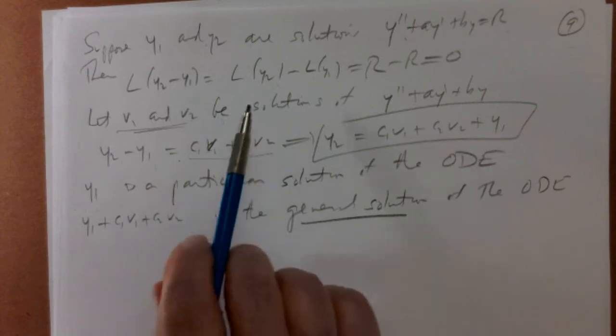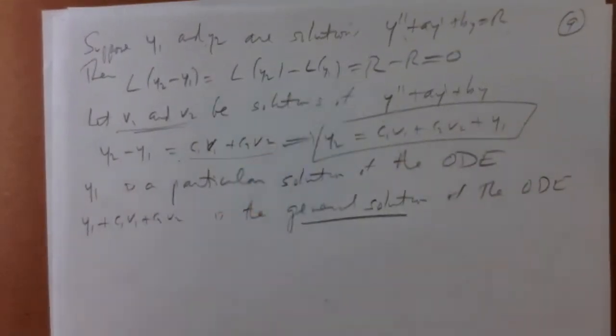So if you have this non-homogeneous equation, to find all solutions, you only need to solve the homogeneous equation, which we know how to do, and find a particular solution of the non-homogeneous equation. And that gives us the general solution for the non-homogeneous equation.